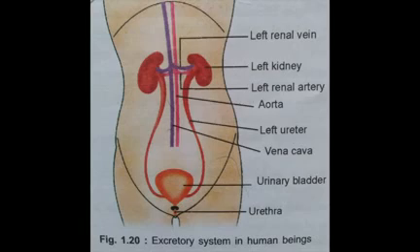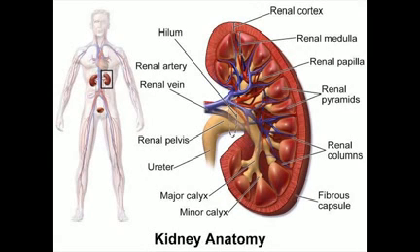Now, the major nitrogenous wastes that are formed include ammonia, urea, uric acid, amines, etc. These wastes are formed during protein metabolism.